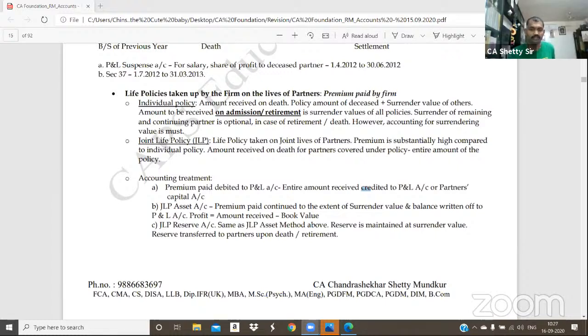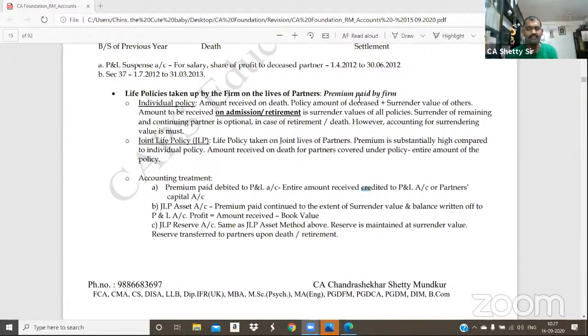Second remark. Asset, JLP asset. You write balance sheet extract. Okay. JLP asset 2 lakh. Sorry, JLP asset 20 lakh. One second. It will be 30 lakh.